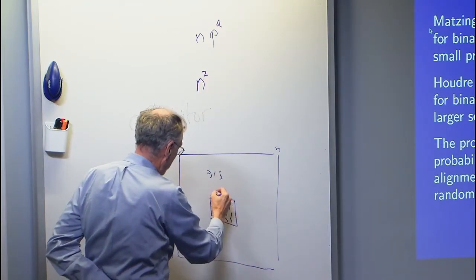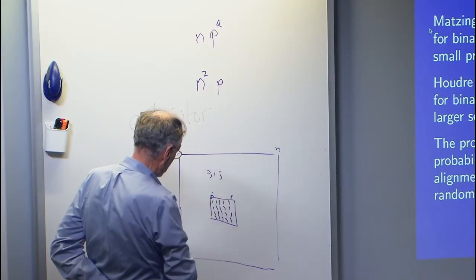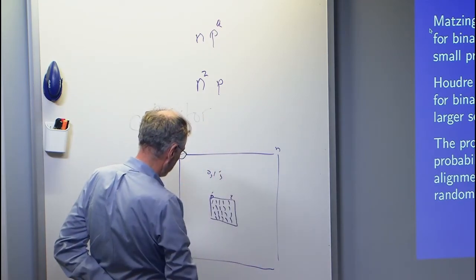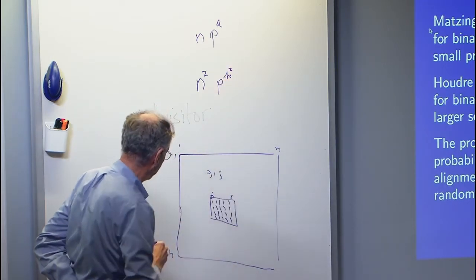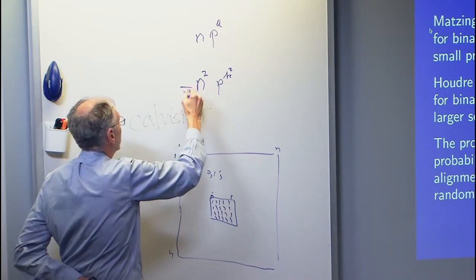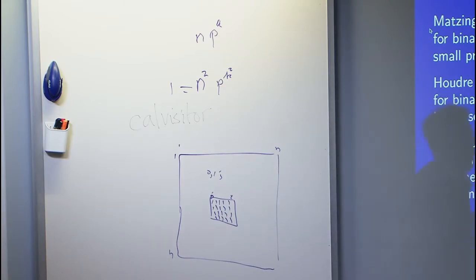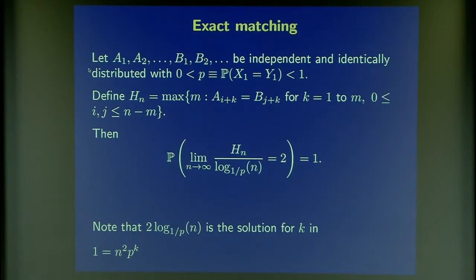And if it's k, so there'd be p to the k squared. Yes. And you set this equal to 1. So this works in various settings when you're interested in the biggest one of some kind. So, exact matching.